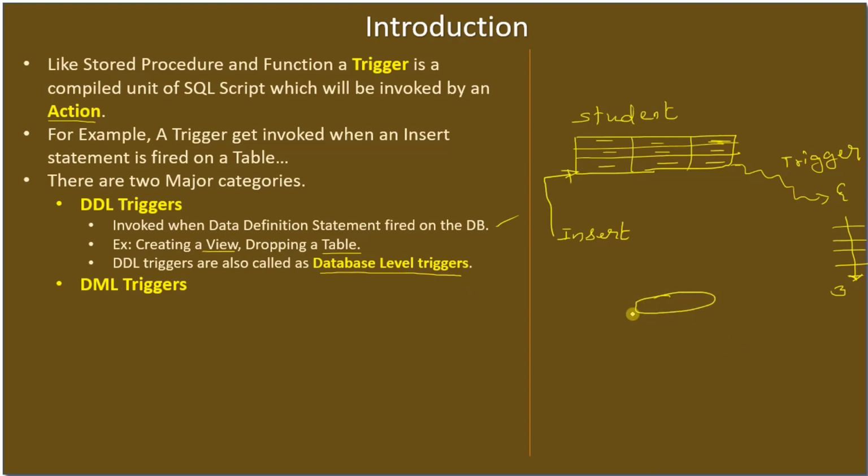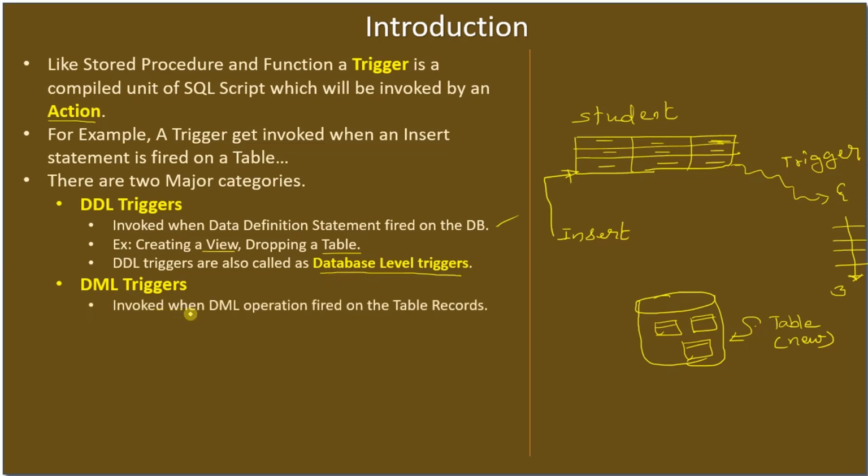Say for example, if this is your database and it contains a lot of tables, and when you create a new table, this will be done at the database level, right? That's why we call DDL triggers database level triggers.